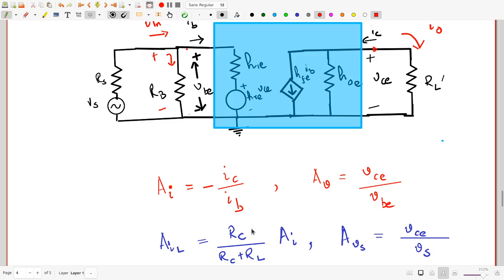So even if you are talking about the output gain, current gain, you have to be careful. Are you talking about the current gain due to the transistor alone, which is AI, this one, or are you talking about the current which is being delivered to the load as opposed to the current which the transistor delivers? They are two different things.